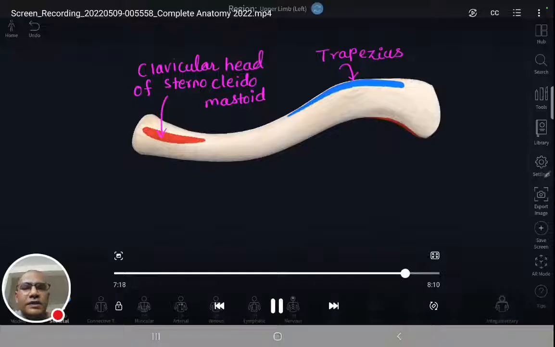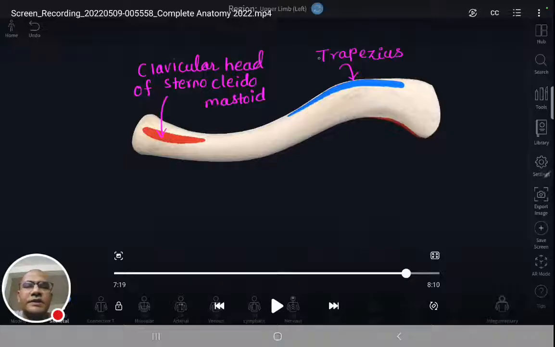Now let us see attachments on the superior surface. Near the medial end, the superior surface provides origin to the clavicular head of the sternocleidomastoid muscle.